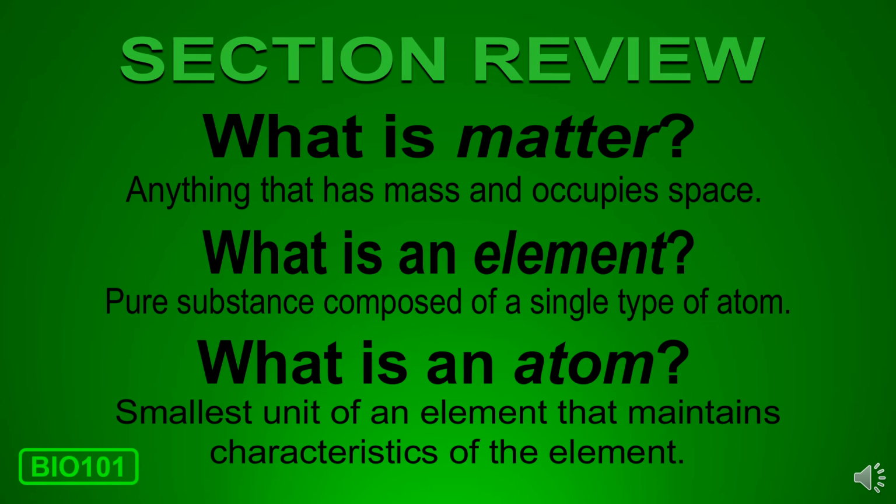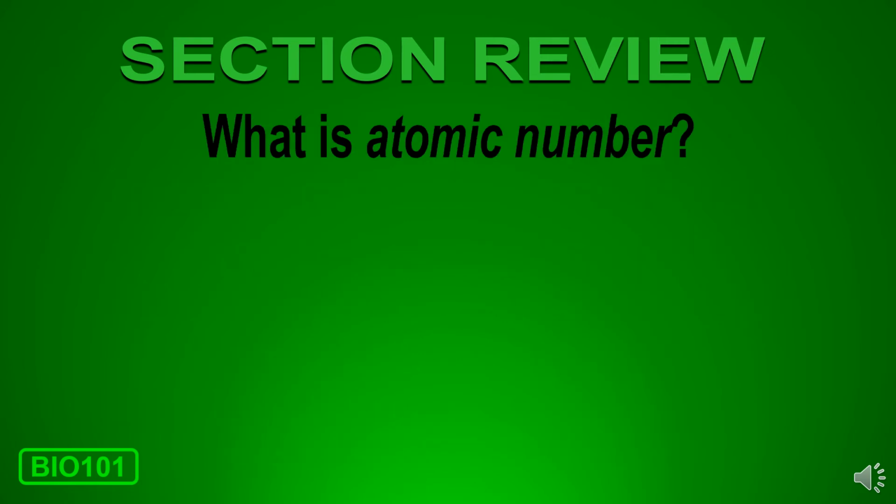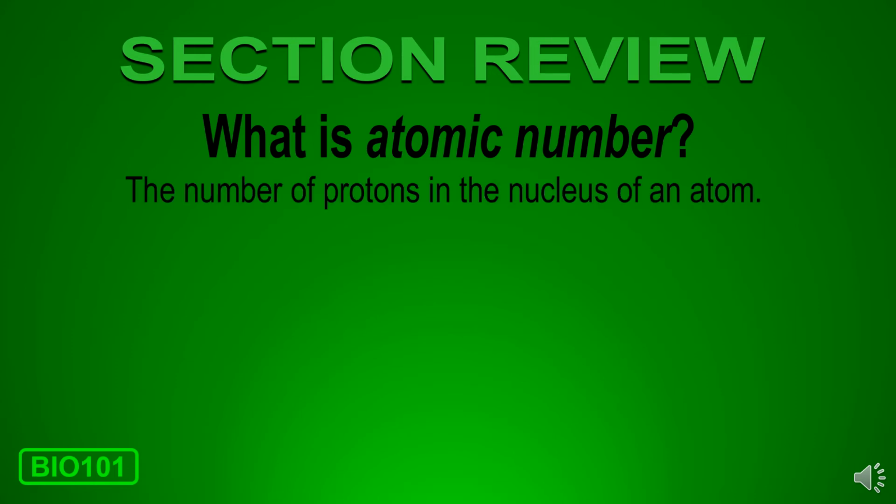If that makes any sense, I hope it does. Okay, so what is the atomic number? Well, the atomic number is the number of protons in the nucleus of an atom, right? And we know that protons have positive charges.